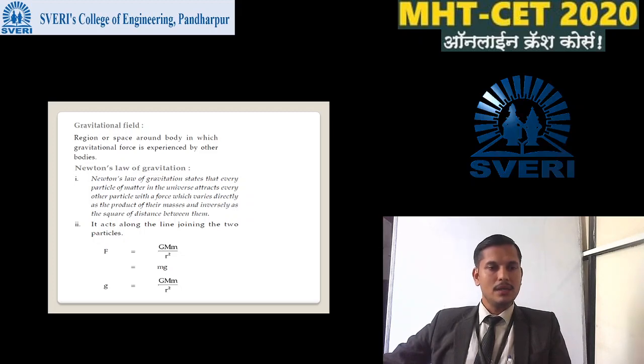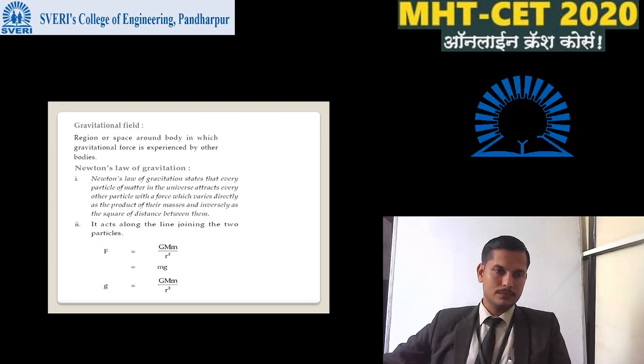It acts along the line joining the two particles, and is given by F equal to GMm divided by r square, or simply mg, or we can write g equal to GM upon r square.